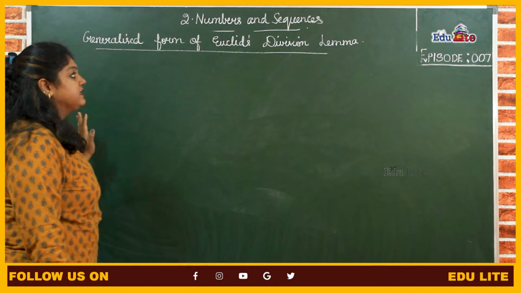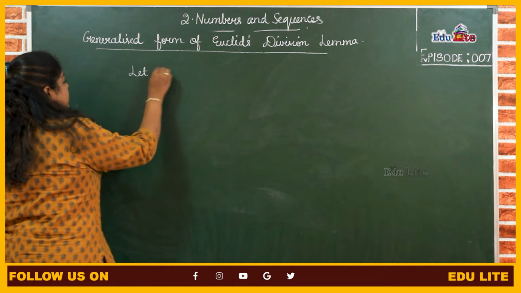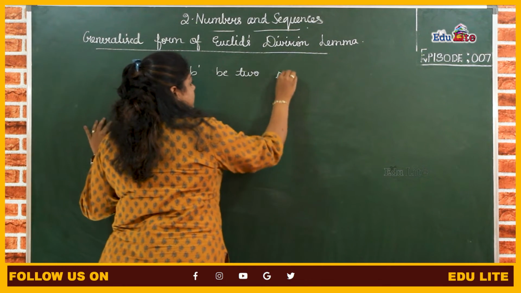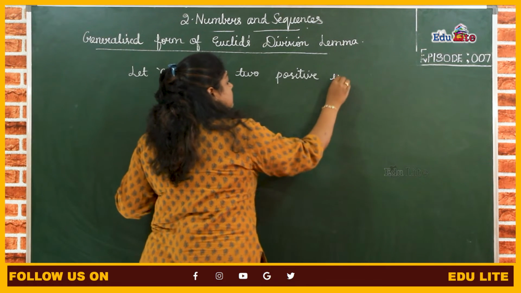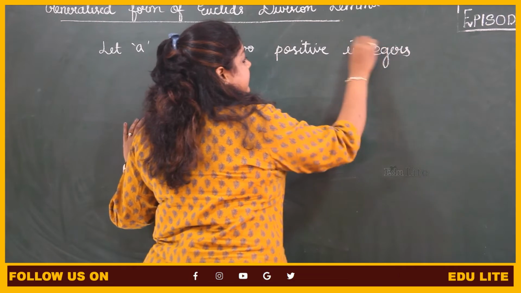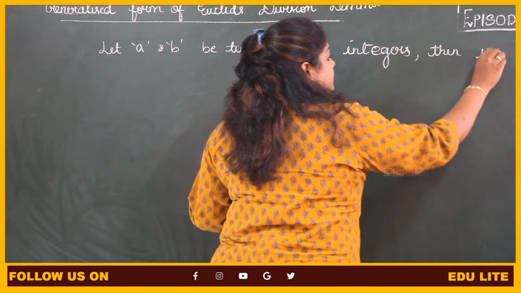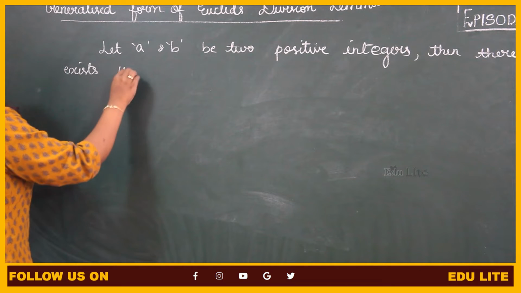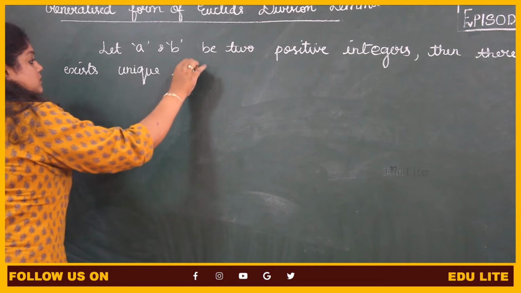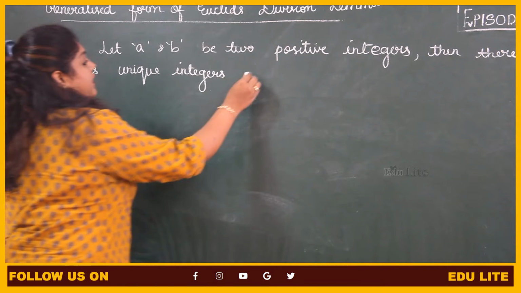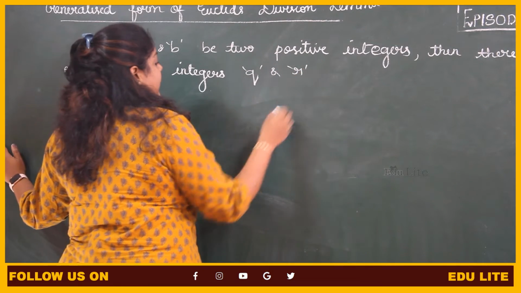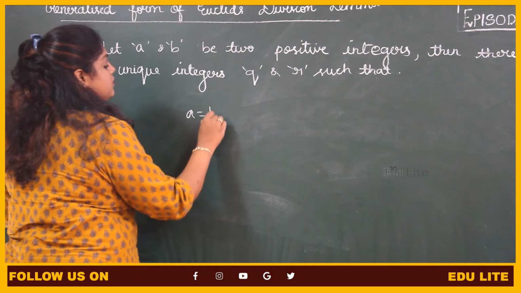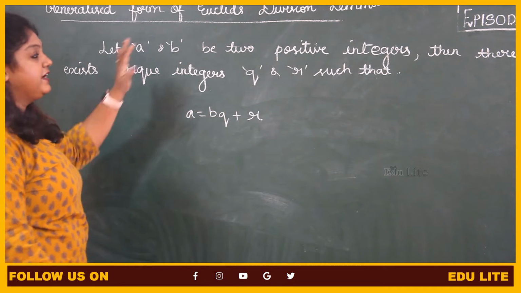It is also the same as Euclid's division lemma: let A and B be two positive integers, then there exist unique integers Q and R such that A equals BQ plus R. It is the same as the Euclid's division lemma.